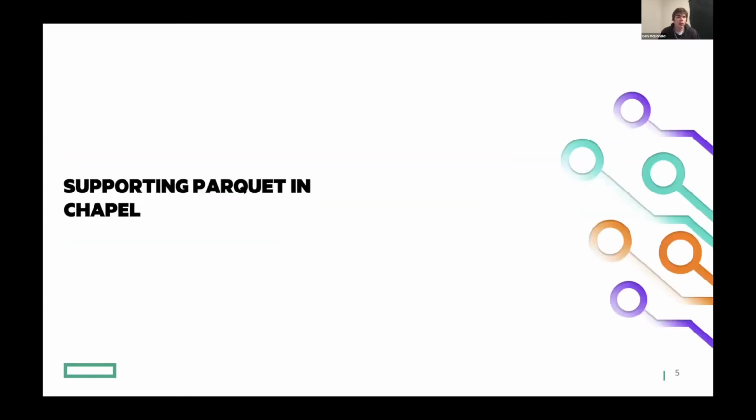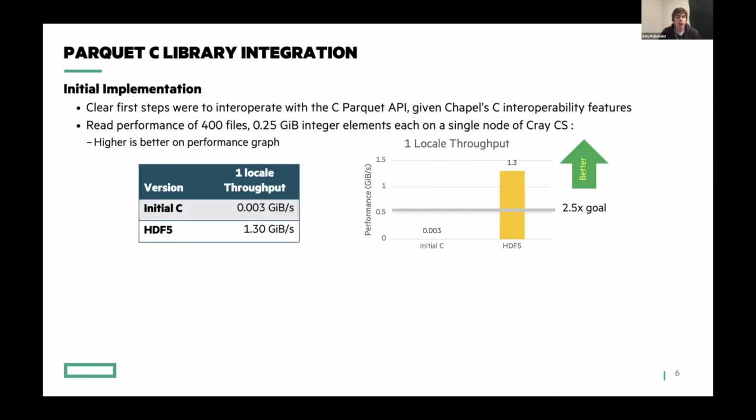Now looking at what it took to actually support Parquet in Chapel. For our initial implementation, it seemed very clear to approach the Parquet C API, given Chapel's C interoperability features. But as you can see in this performance chart, the performance was much lower than HDF5.